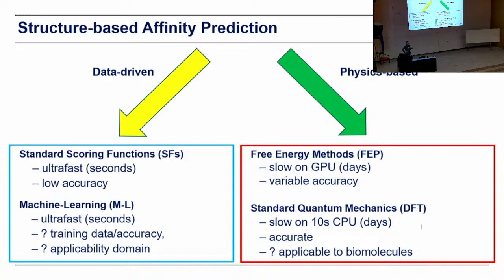But still, such methods are, on one hand, quite hardware intensive. They use GPUs, and they may take days to complete all the calculations. And also, it's still dependent on the force field.